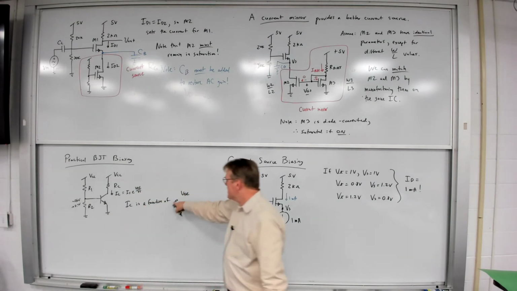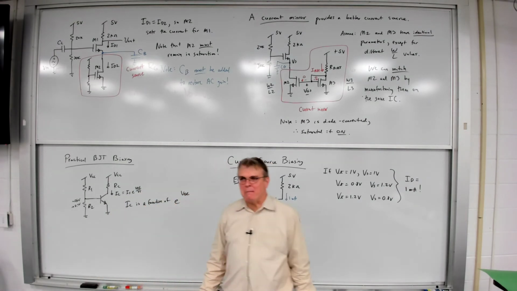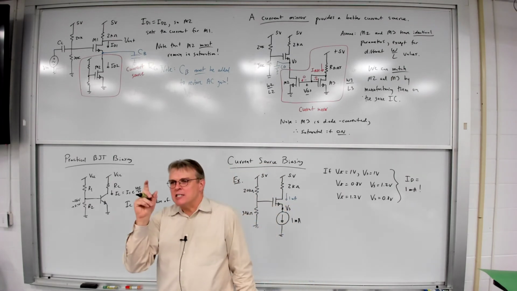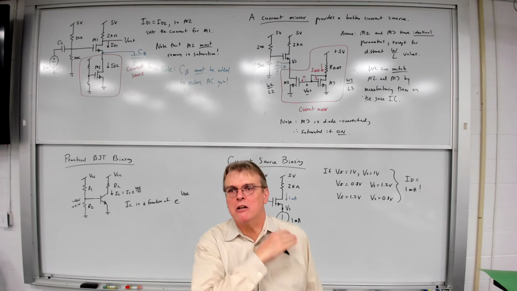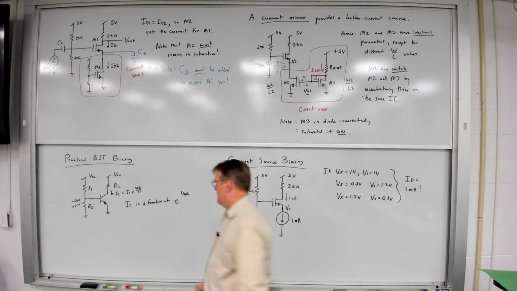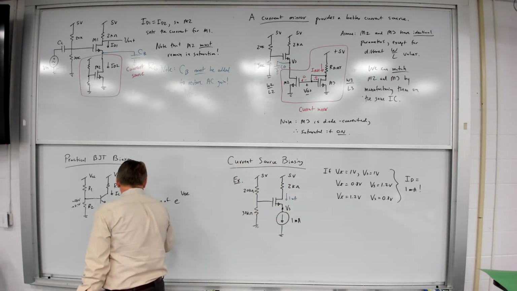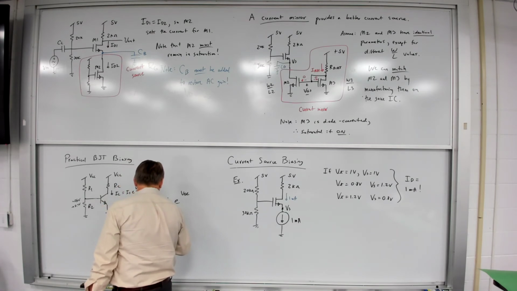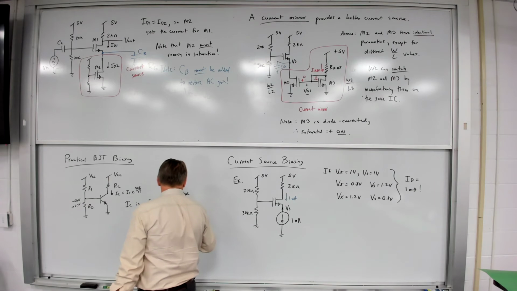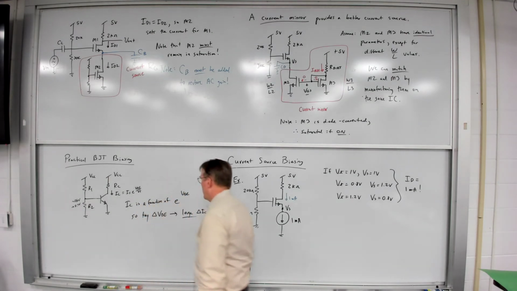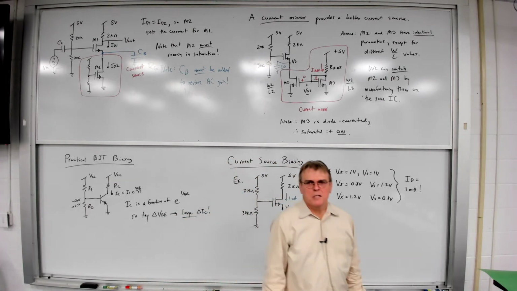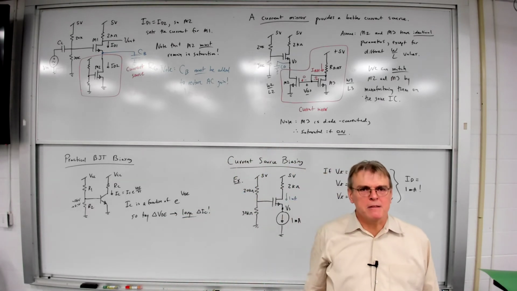So IC is a function of e to the VBE, which means the tiniest variations in base voltage are going to create huge swings in current. A few millivolts, and I can have an enormous swing because of the exponential relationship.